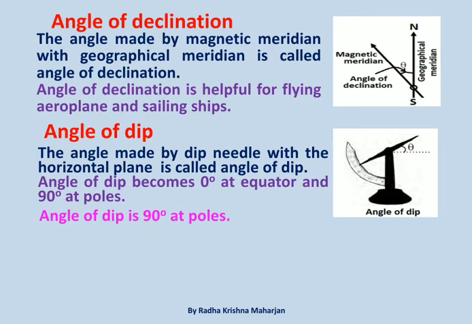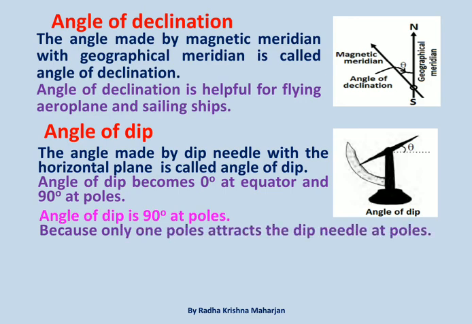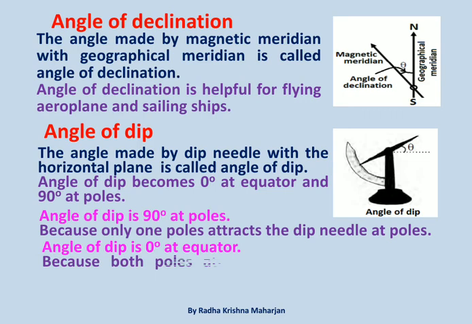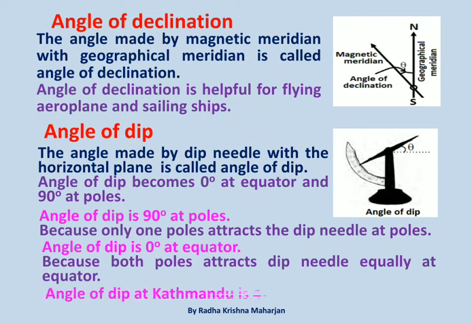Angle of dip is 90 degree at poles because only one pole attracts the dip needle at poles. Angle of dip is 0 degree at equator because both poles attract dip needle equally at equator. Angle of dip at Kathmandu is 42 degree.